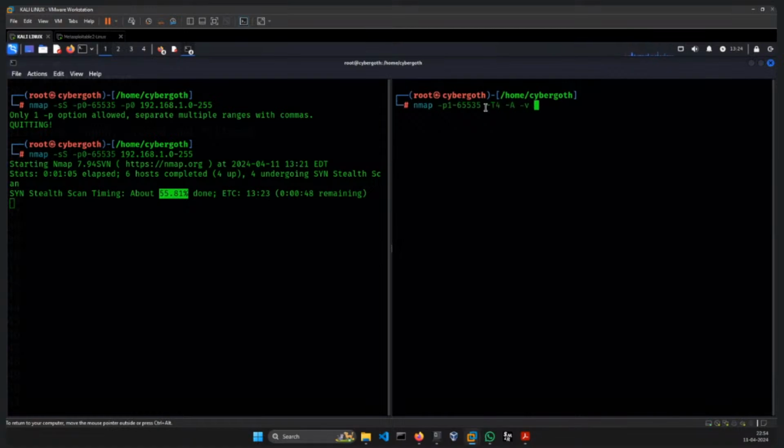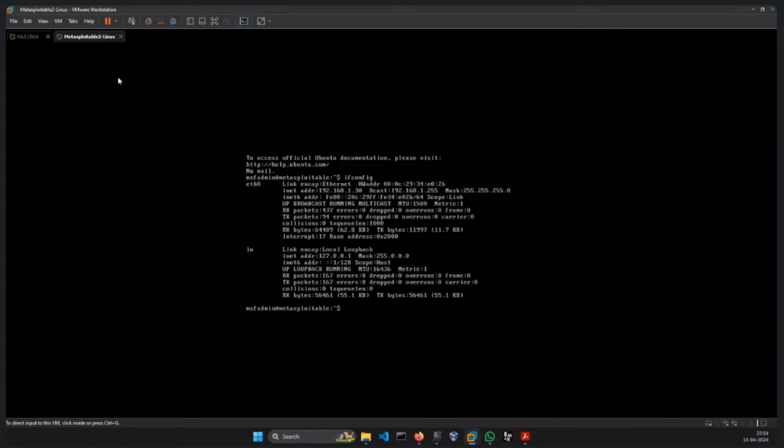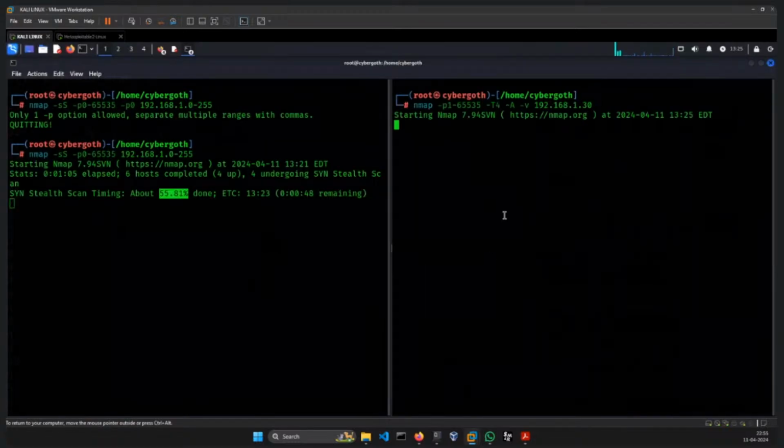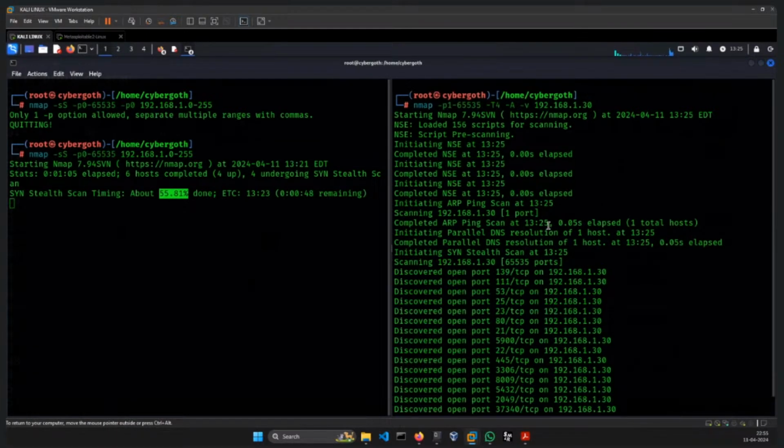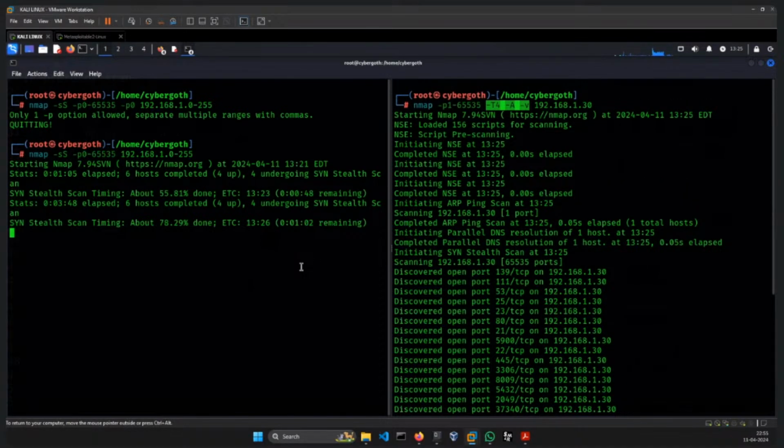Let's do this on our Metasploitable machine. Okay, let's see. I guess you understand this -T and -A and -v. If you don't, I will explain it. Let's just wait for this scan to complete. Oh, this will take too much time. Okay, so man nmap.